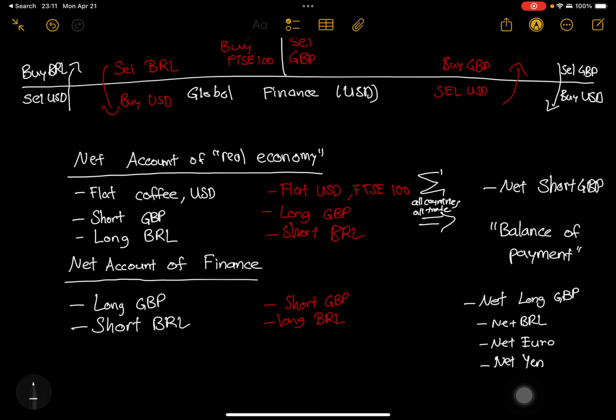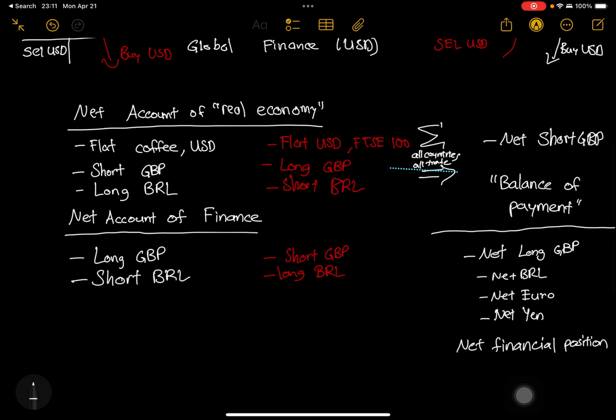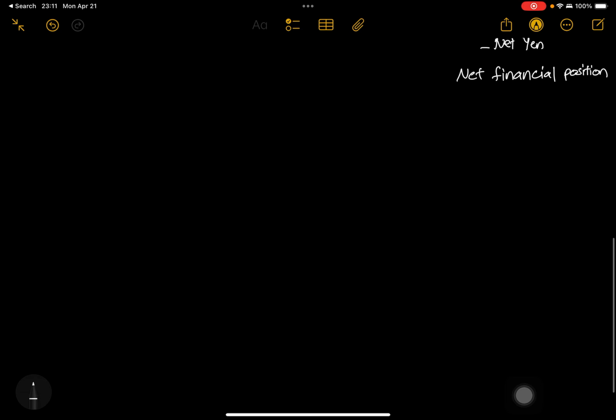He can sell it to another broker, but at the end of the day, someone holds in that position. So there's a net financial position represented down below this line. And this net financial position aggregate across all countries becomes something interesting. So now for the next section, I will make a new representation.